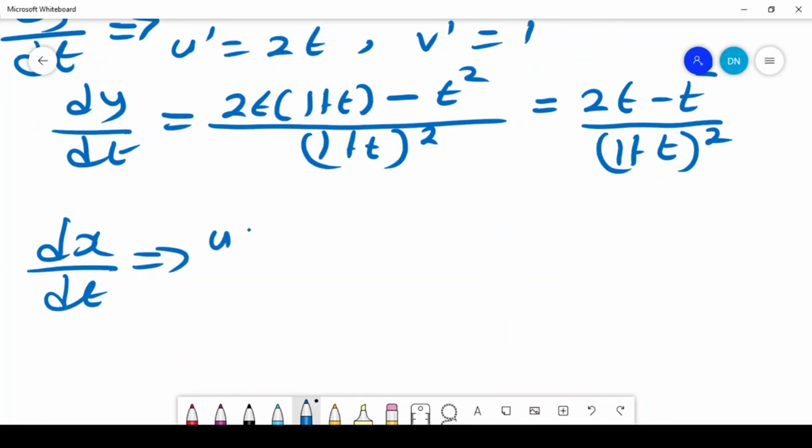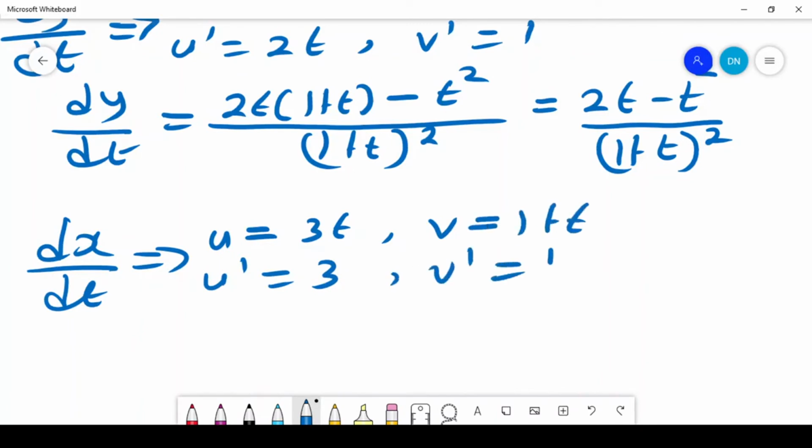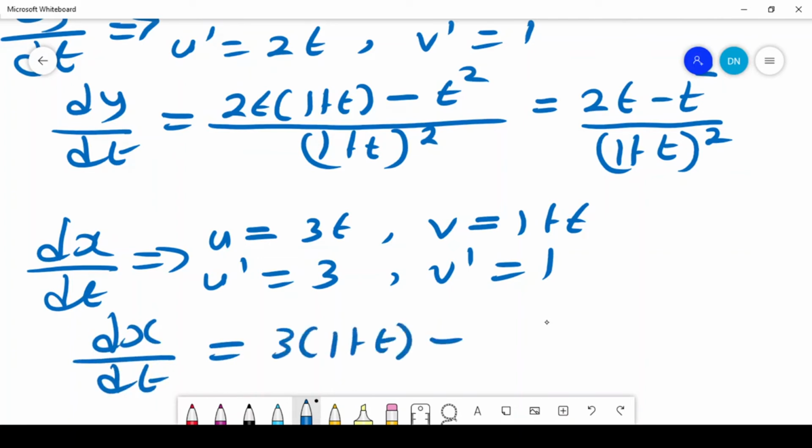Now for dx/dt. Remember that our u is 3t, so our u prime is 3. We want to use the quotient rule to differentiate. My v is 1 plus t, and my v prime is 1. So my dx/dt is u prime v minus v prime u, divided everything by 1 plus t squared.